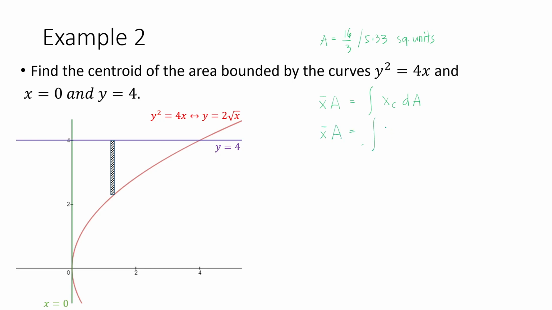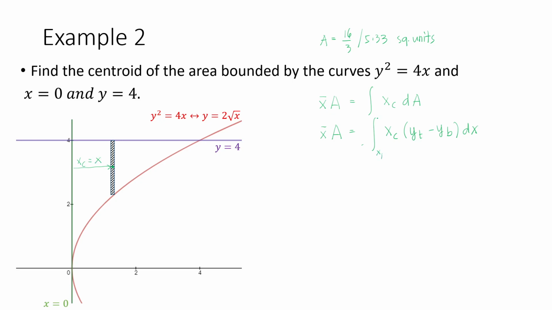Again, since we are using a vertical strip, this is y top minus y bottom dx. Going towards the centroid of your vertical strip, it's only the x distance. So x sub c is equal to x.